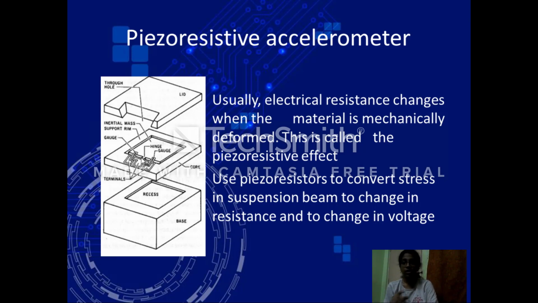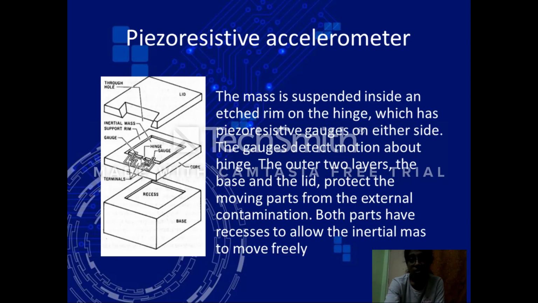Electrical resistance changes when the material is mechanically deformed. This is called the piezoresistive effect. We use these piezoresistors to convert stress in the suspension beam to a change in resistance and then to a change in voltage.